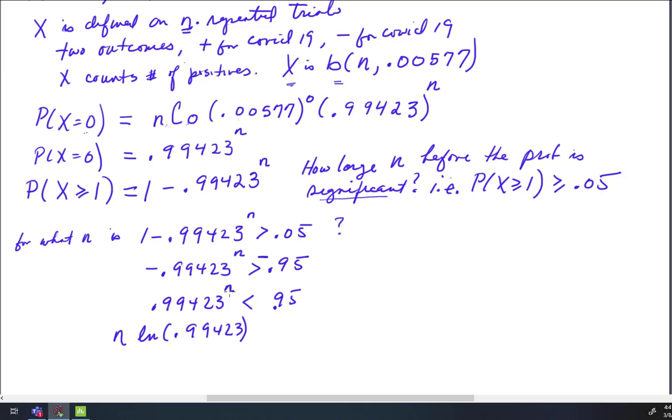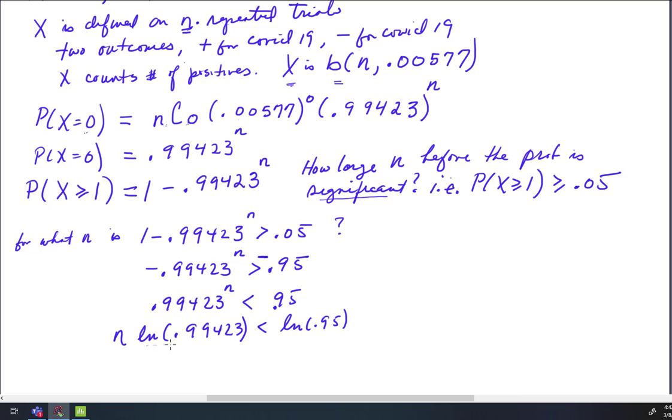Now a law of logarithms is that the log of this number to the n is the same as n times the log of the number. So that, of course, is why when you've got to solve for an exponent, you use logarithms. So that would be less than, now if you take the log on the left, you've got to take the log on the right also, 0.95. And we're almost done.